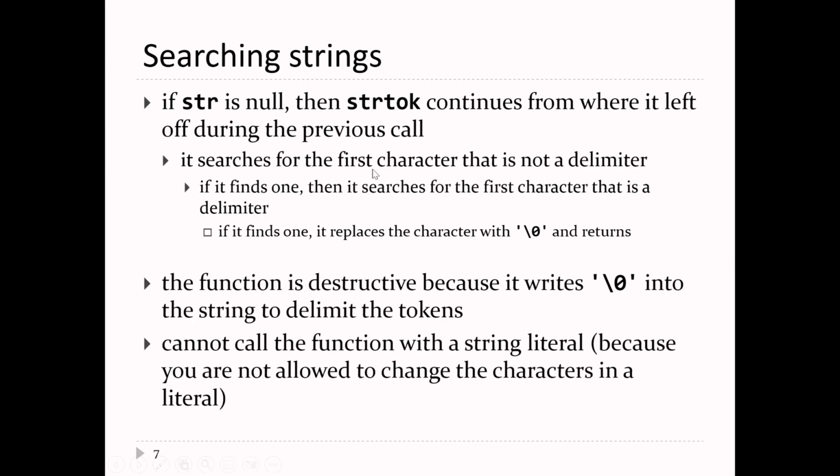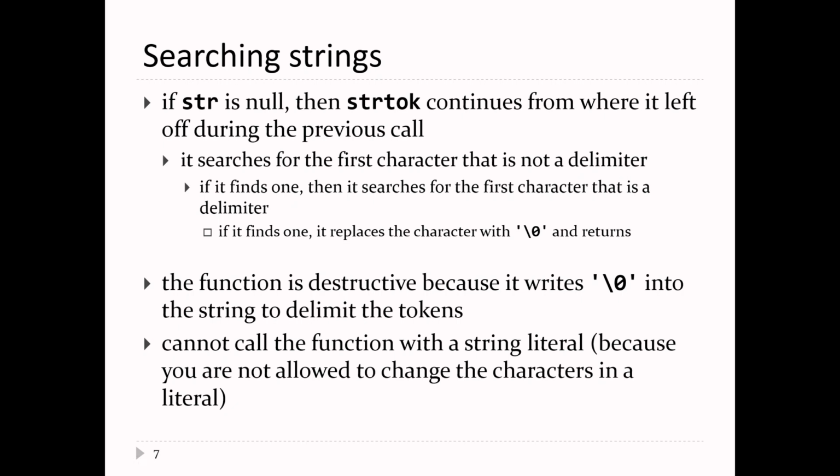Okay, so if the string is null, then the function assumes you're trying to get the next field from the string. So it continues from where it left off at the previous call, starting at the character after the first delimiter. It's going to search for a character that's not a delimiter.